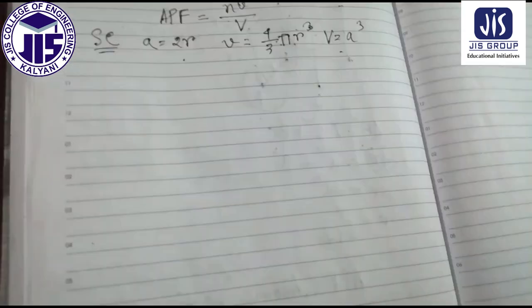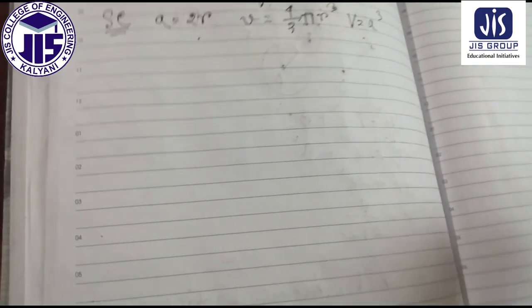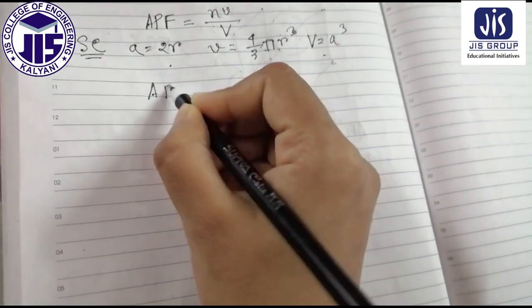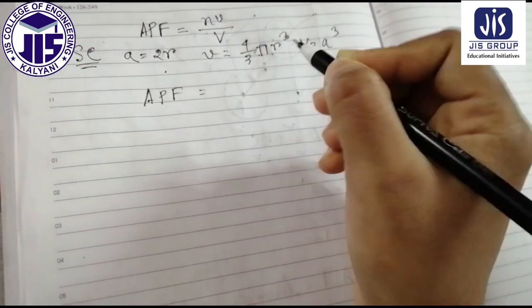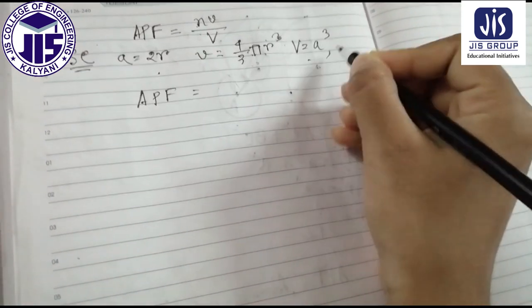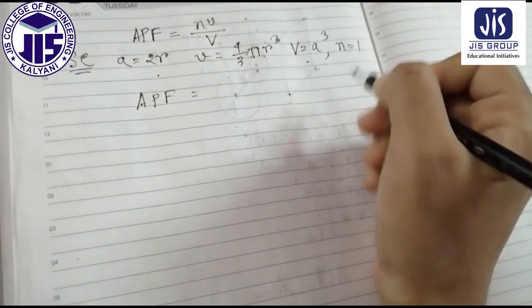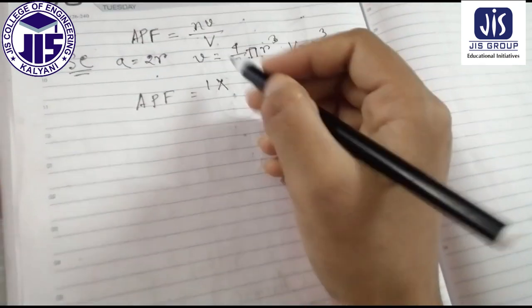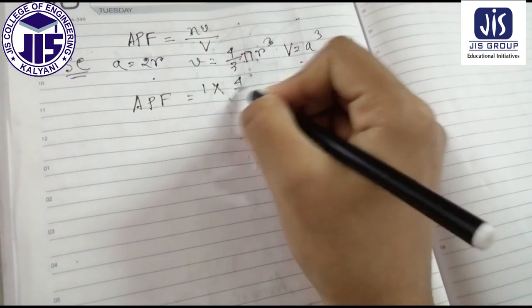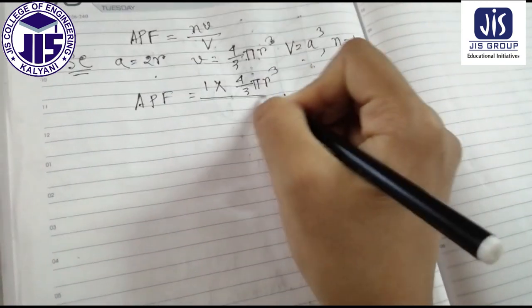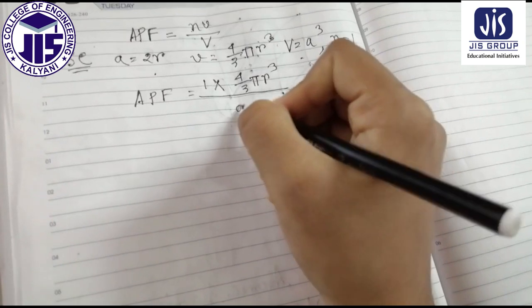Now let's calculate the atomic packing fraction. APF will be equal to small n, the number of atoms, so n equal to 1. And small v equal to 4/3 pi r cube, divided by a cube.